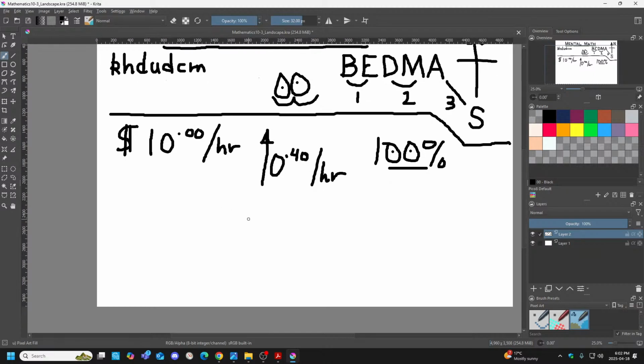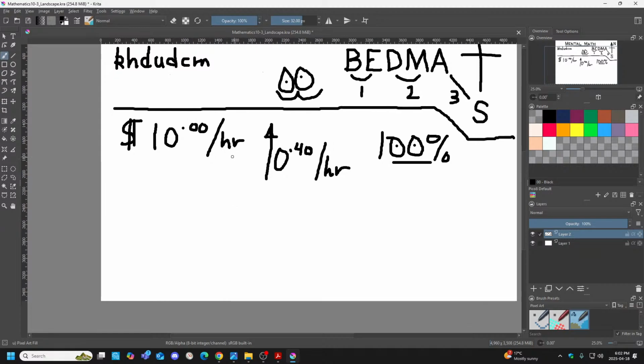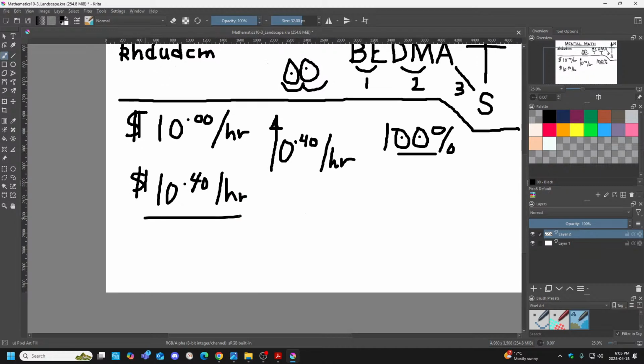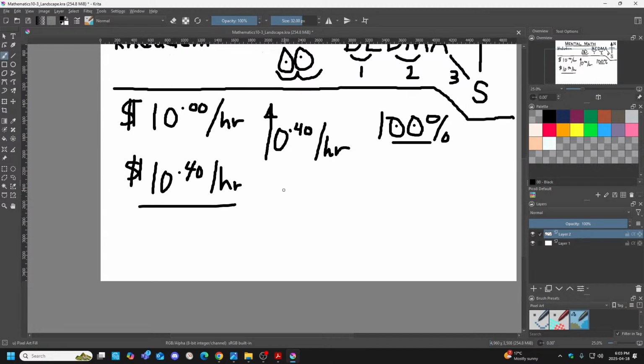Doesn't sound like a lot, but basically the increase, you're going to be making... I could do the long math, but you guys understand money, right? You know where the 40 cents goes. These are the dollars. These are the cents. Okay, so now you're making $10.40 an hour. So it's saying, what is the salary increase as a percent? What you would have to do is go like this.